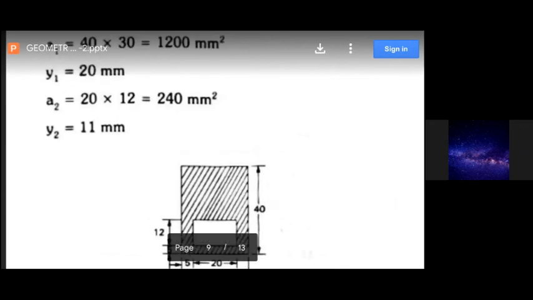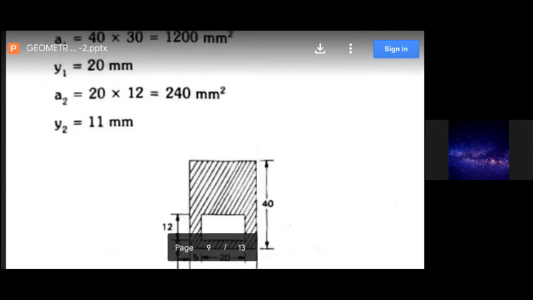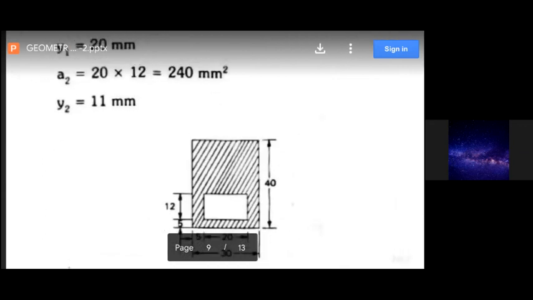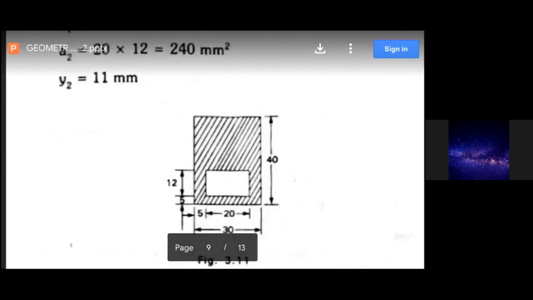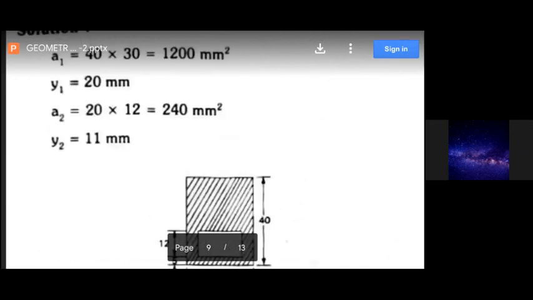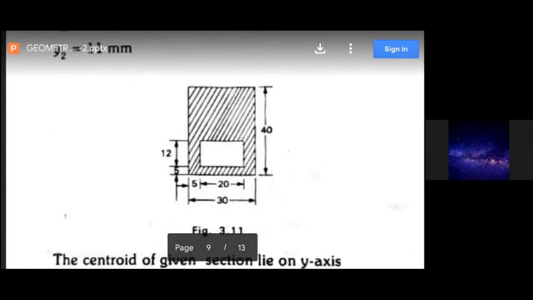Area of larger one: the dimensions are 40 cross 30. And it is symmetrical about y-axis, so here you have to find only y component.